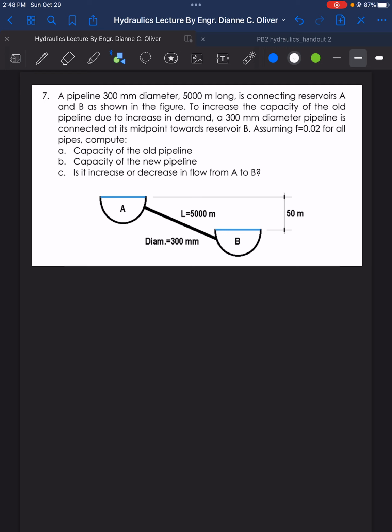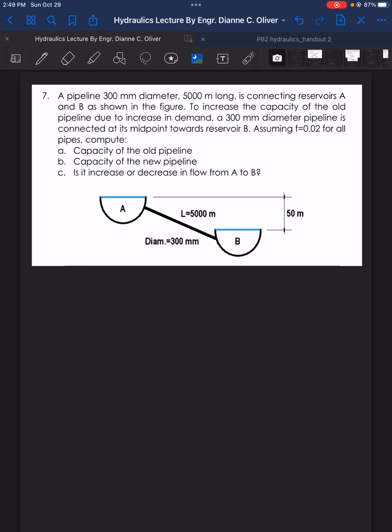To increase the capacity of the old pipeline due to increase in demand, a 300 mm diameter pipeline is connected at its midpoint towards reservoir B. Assuming friction factor is equal to 0.02 for all pipes, compute letter A, the capacity of the old pipeline, B, the capacity of the new pipeline, and C, is it an increase or decrease in flow from A to B?